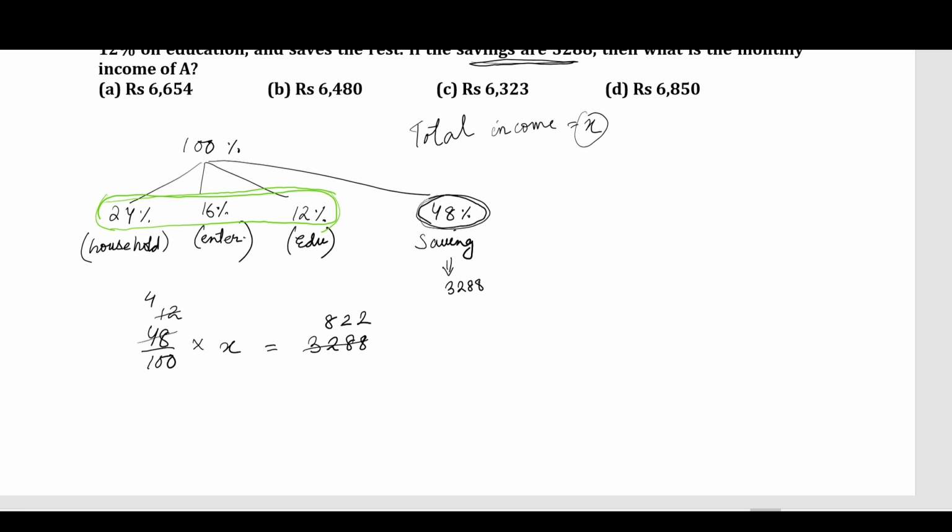3 into 4 is 12, 3 into 2 is 6, 3 into 7 is 21. Then 4 into 12 and 4 into 2500.